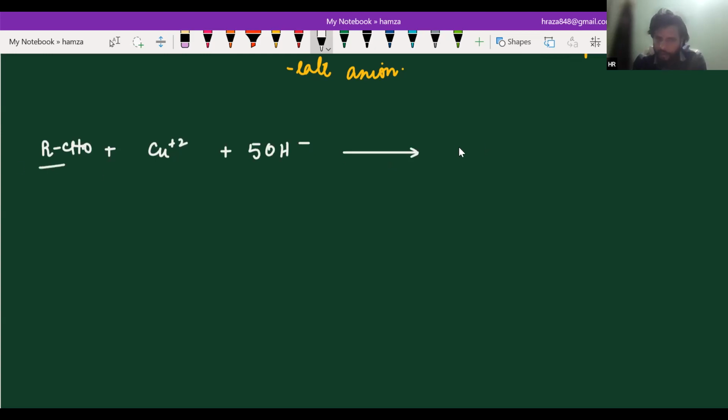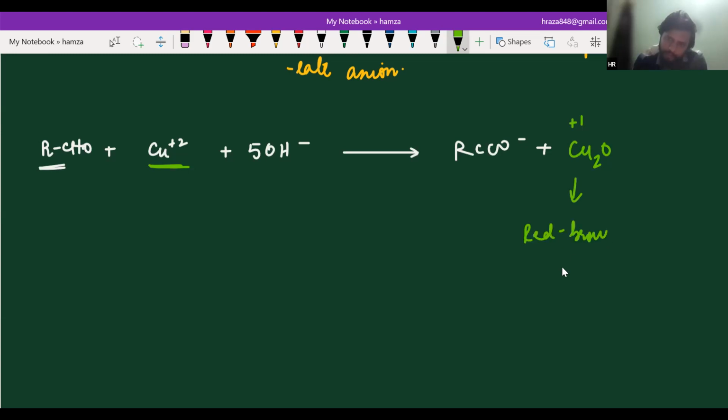Then again, this aldehyde will be converted into carboxylate anion, and since this is your oxidizing agent, it will reduce itself and it will have oxidation state +1 now. And this is your red brown precipitate. Along with this, we get H2. So basically, this is the reaction for Fehling's reagent.